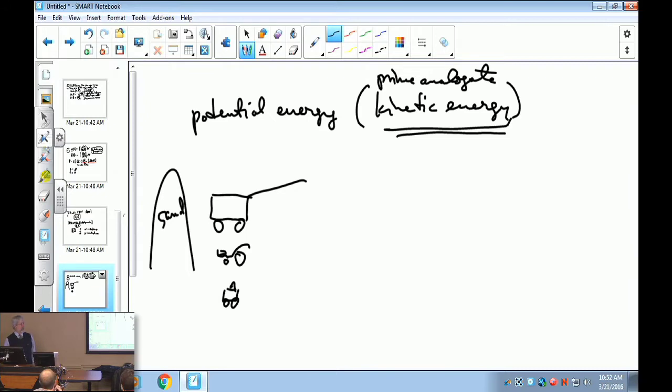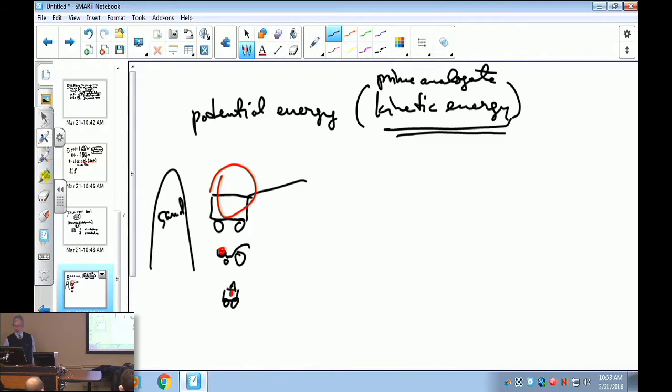And I want to know which one is the most efficient means of transporting sand. So I'm going to put sand in here. And this one carries the most sand. This one carries a little bit of sand. This one carries maybe the least amount of sand, but it goes the fastest. So how do we figure out which one is transporting the sand most efficiently?